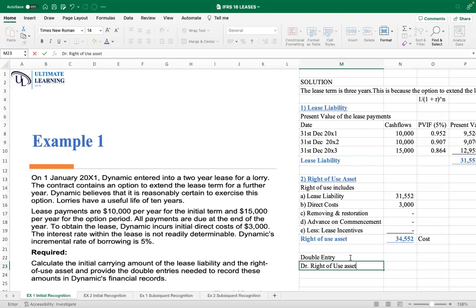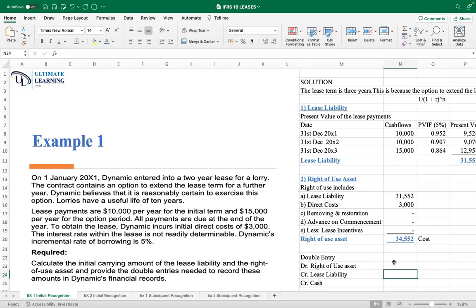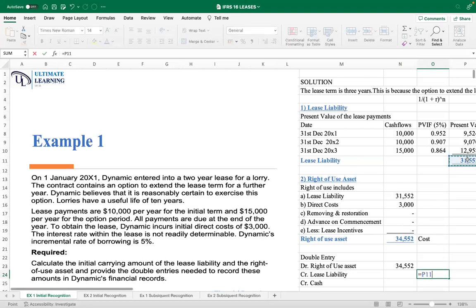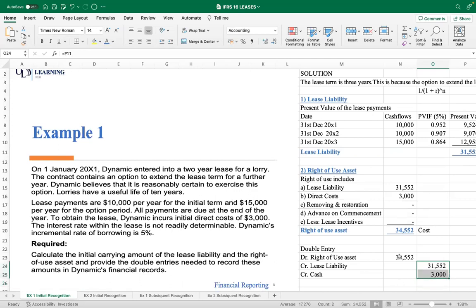You will credit lease liability, and you will also credit cash that was spent on initial costs. So right of use asset is 34,552, then you credit lease liability, and then the cash that was spent on direct costs is 3,000. I believe it will balance. If you add this, it is 34,552. So that's how we account for the double entry.